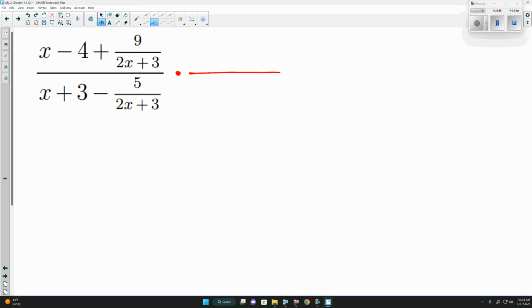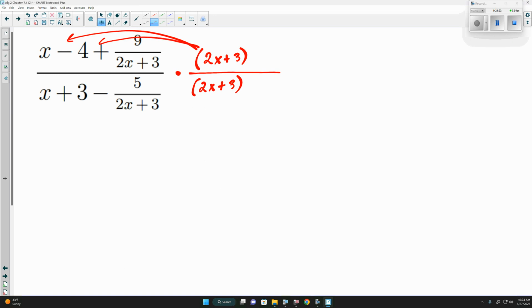For us to be able to simplify the two fractions out, what do we need to multiply by? 2x plus 3 over 2x plus 3. That's the only thing we need to multiply through, because the two fractions in this fraction on top and bottom only have a denominator of 2x plus 3. So there's only one thing we have to multiply the whole thing by.